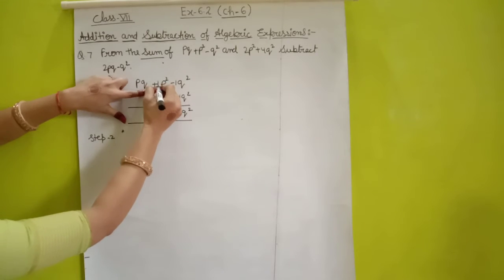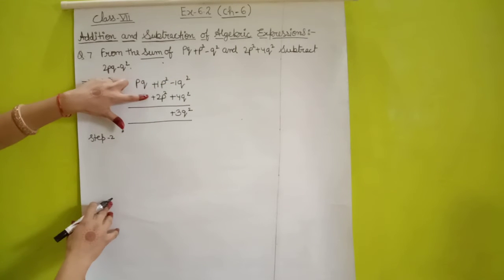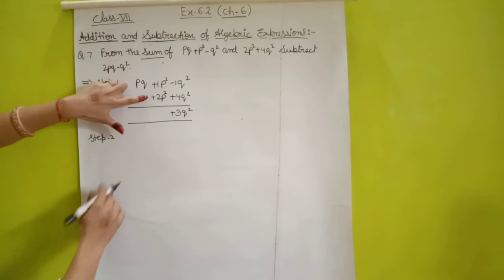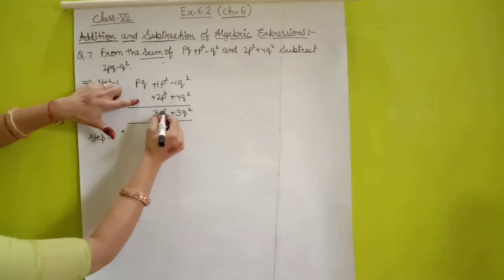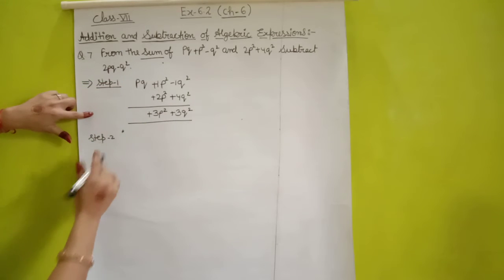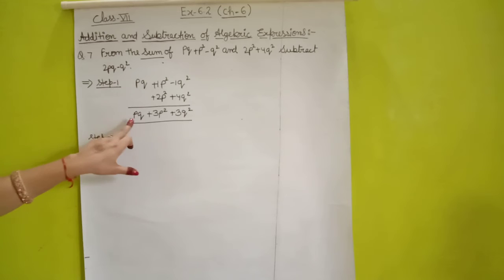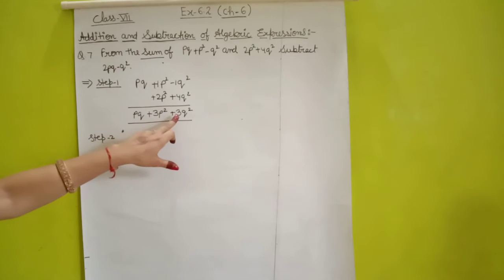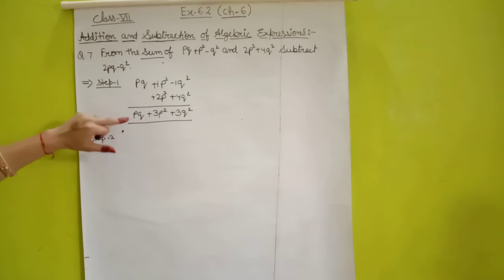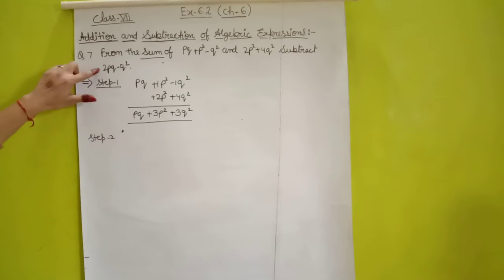Again plus and plus, both plus, it will be plus. 1p square and 2p square will be 3p square with plus sign, and this pq will come as it is. So our answer is pq plus 3p square plus 3q square. Now from this we are to subtract 2pq minus q square.